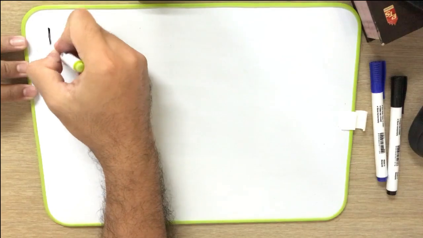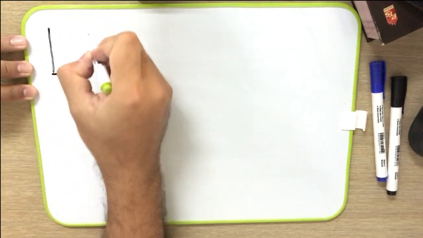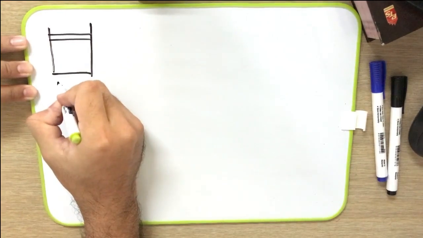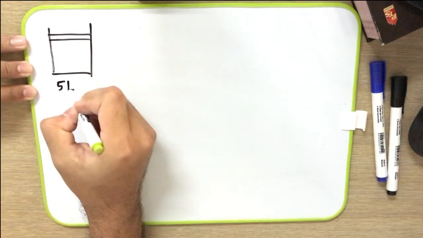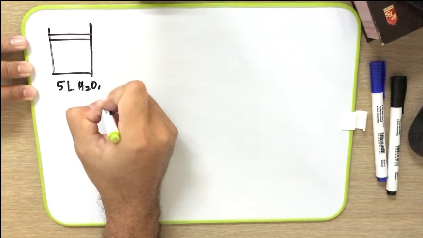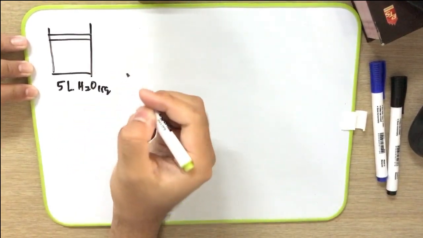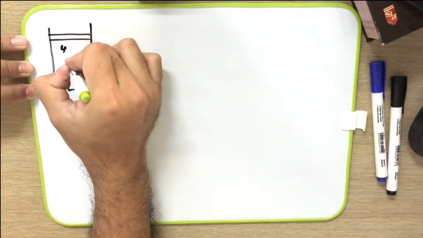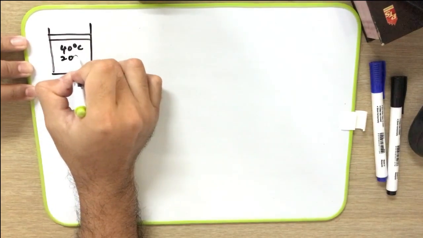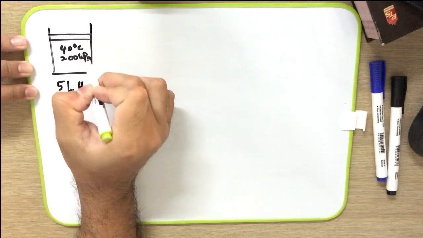In a piston cylinder device, it contains 5 liters of water, the temperature is 40 degrees C, and the pressure is 200 kilopascal.